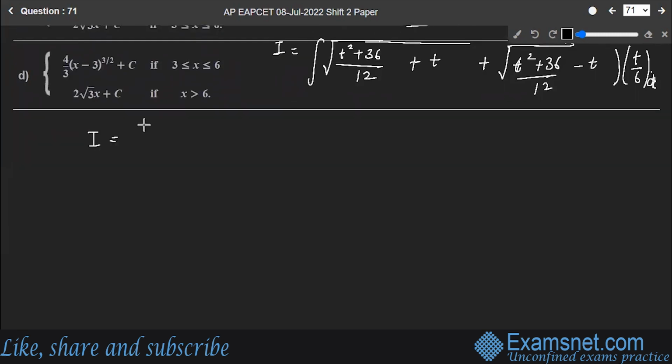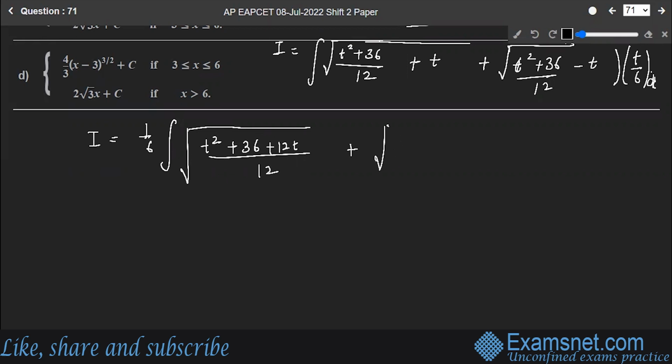This integral will be equal to 1 by 6 integral of, on solving this whole thing, root of t square plus 36 plus 12t upon 12 plus root of t square plus 36 minus 12t upon 12.